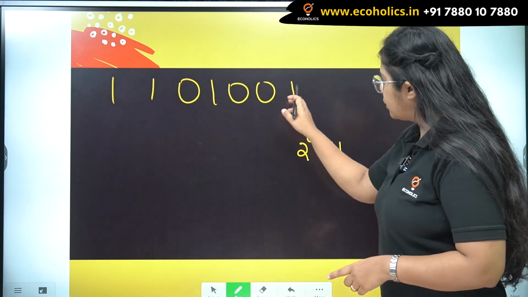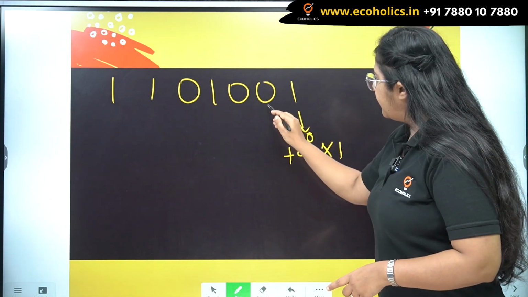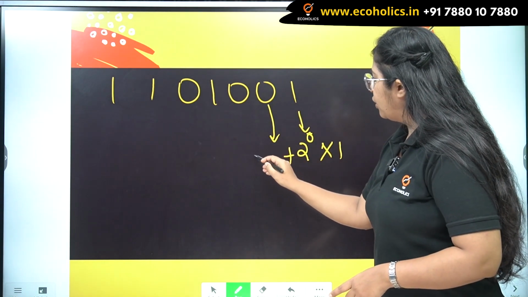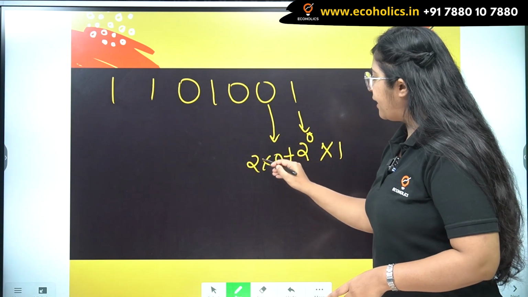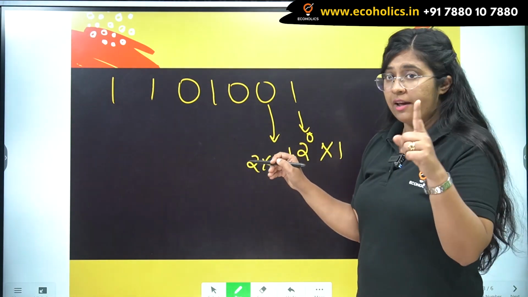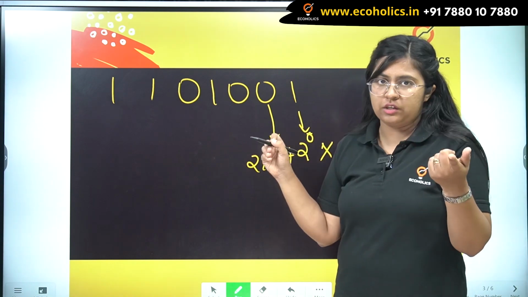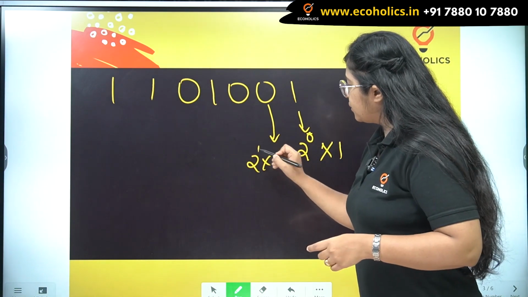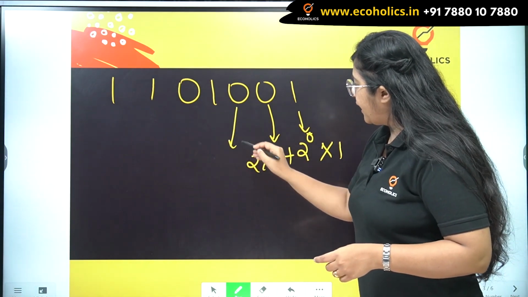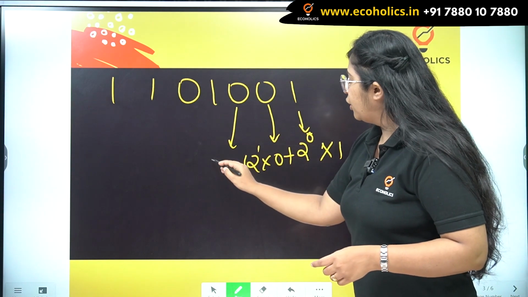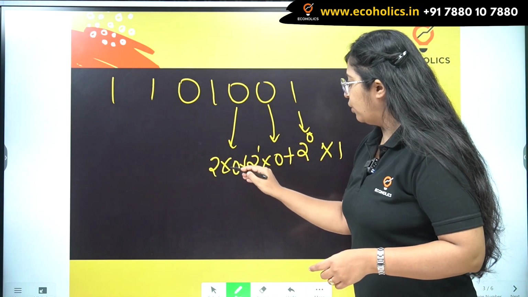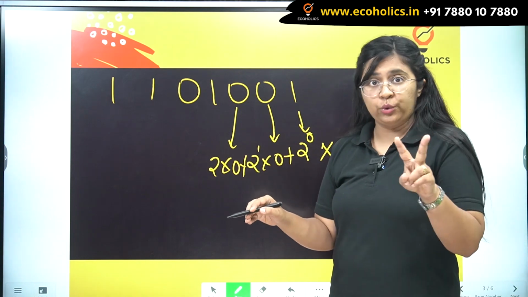Then 2 multiplied by 0, and 2 will be raised to the power 1 because we have already used the power of 0 in the previous one. Now again plus 2 into 0 raised to the power 2.